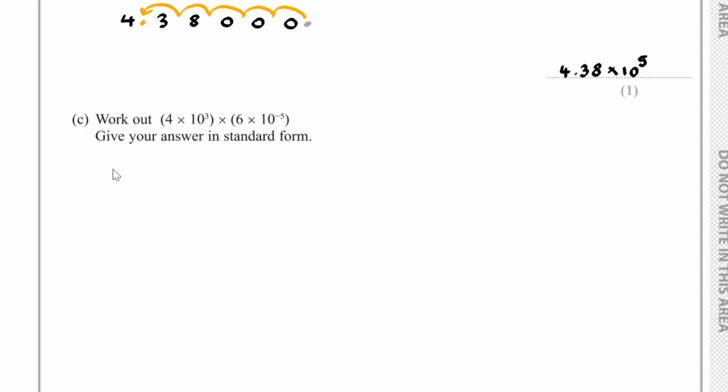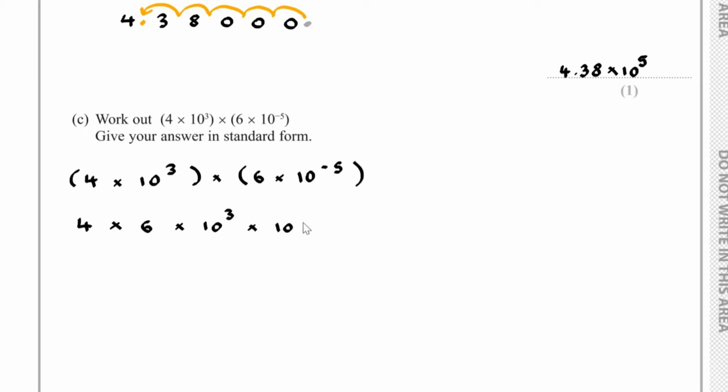Well, if we have 4 times 10 to the 3 and 6 times 10 to the minus 5 being multiplied by each other, we can rewrite this as 4 times by 6 times 10 to the 3 times 10 to the minus 5. 4 times by 6 is 24, and then I'm going to multiply this by 10 to the power of 3 plus minus 5.